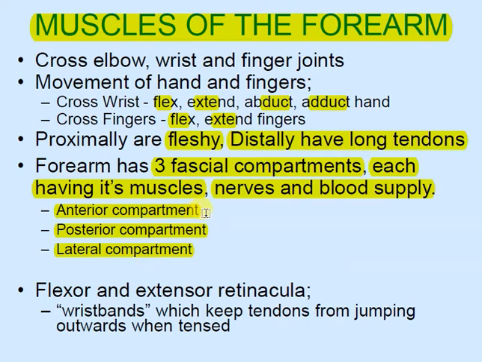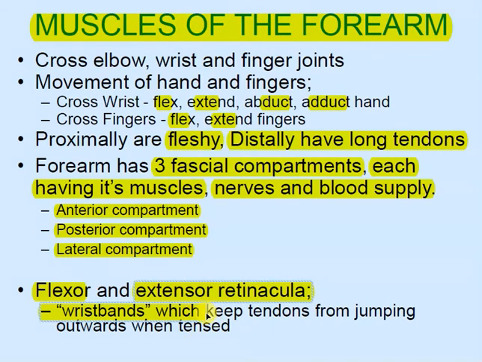For every compartment you should understand the muscles of the compartment, the nerves of the compartment, and the blood supply of the compartment. So we have the flexor and the extensor retinaculum.